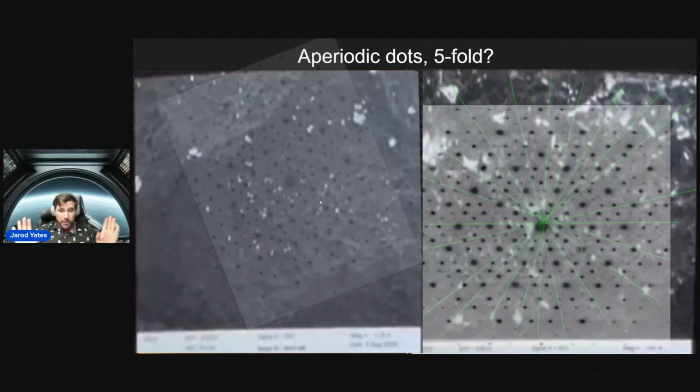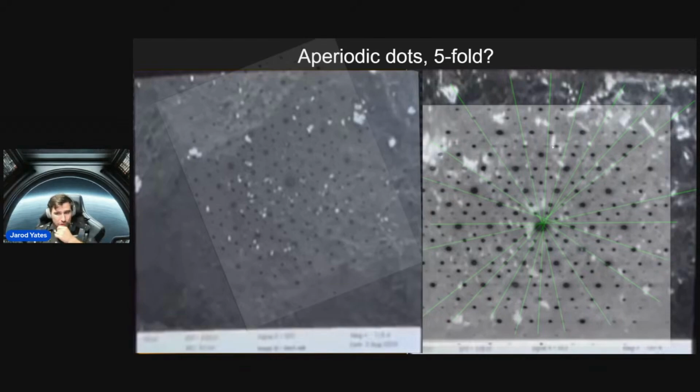And full transparency, I tried overlaying some hexagonal structures over these, and I thought it might be closer to 60%, a little bit closer than these quasicrystals. But it's really hard to say at this point until we get the Raman spectroscopy and some other methods, that might be even more destructive testing, to be able to know for sure at the atomic level whether or not these have quasicrystals inside of them.